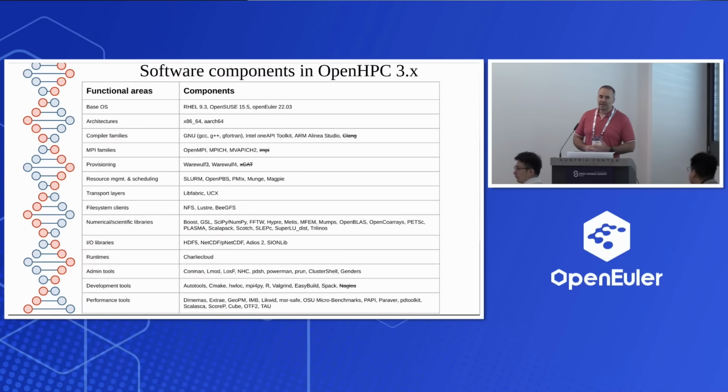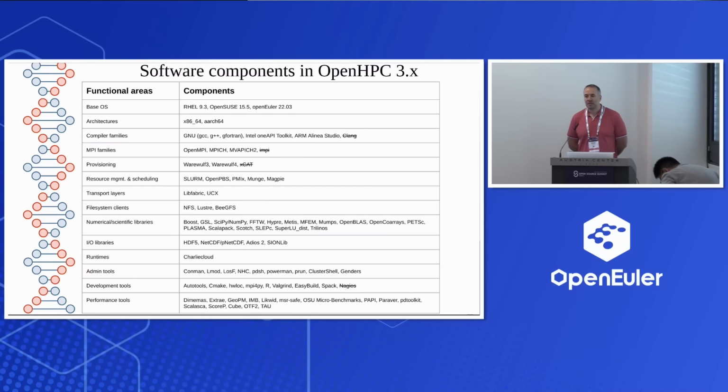Yes? Because there are like three base OSs. So what's the cost if I'm a user and I want to shift my workloads from, for instance, Red Hat Enterprise Linux to the openEuler environment? So the question is how much effort it is to switch from one OS to another OS?